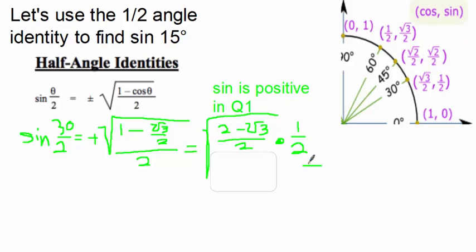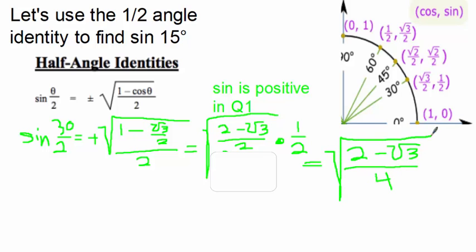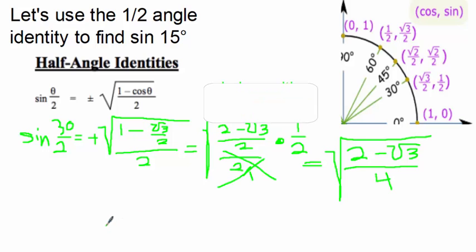So this becomes, so the denominator does simplify, and the numerator is the square root of 2 minus square root of 3, all underneath the square root sign.